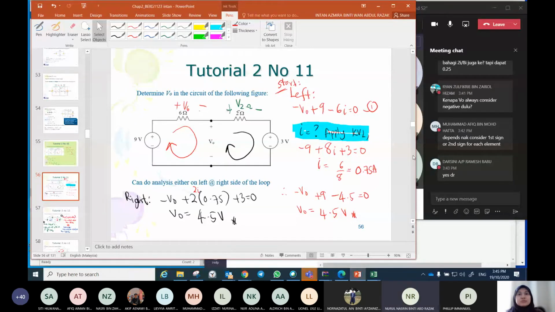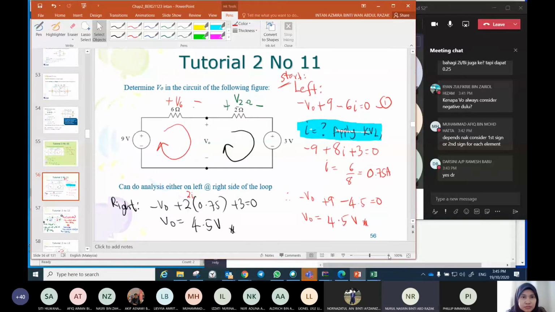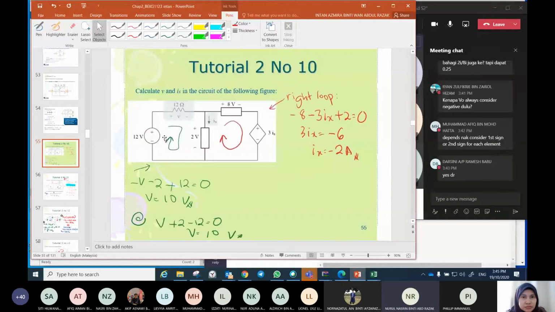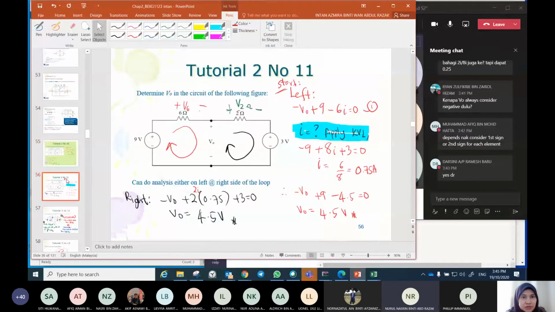Can it be positive 3 in the previous slide? If positive 3 minus 9. Wait. Positive 3, this slide or this slide, okay? Yes, positive 3. Positive 3 minus 9 plus 8i.